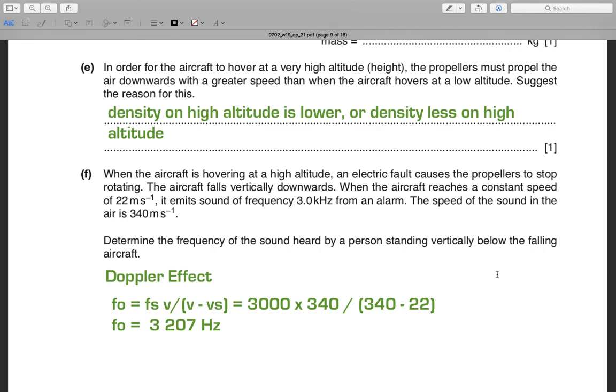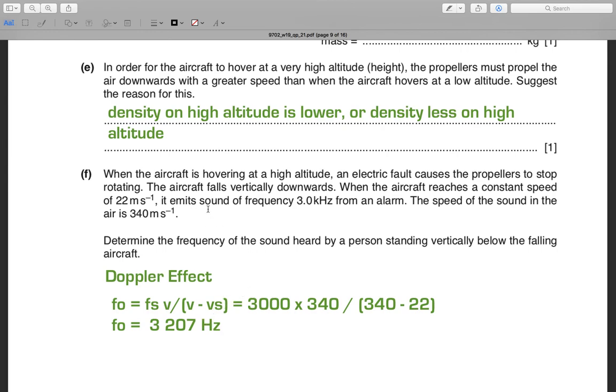Yes, this is regarding the Doppler effect. The frequency of the observer, or the frequency of the sound heard by a person standing vertically below the falling aircraft, equals the frequency of the source, 3.0 kilohertz, times v, the velocity of sound in air, 340 m/s, divided by v minus vs. Why minus?